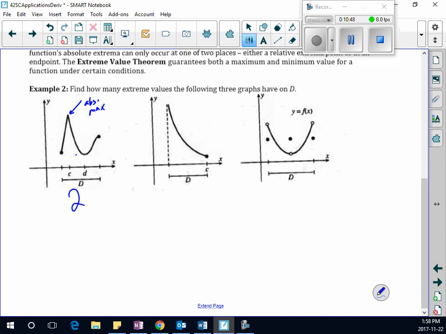Okay, what about here? There's only one. This would be an absolute min. How about this one? None. Okay, everybody good?